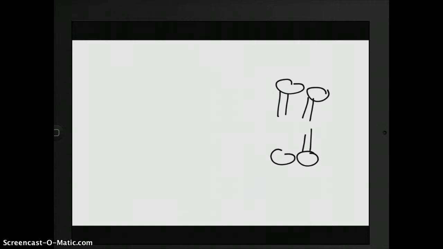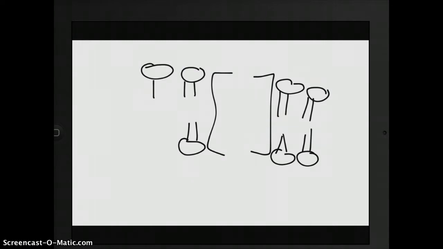I'm going to use this drawing to classify all three words related to diffusion. These we know as the phospholipids. This we know as the protein channel.